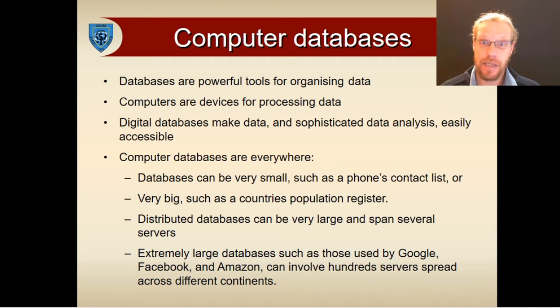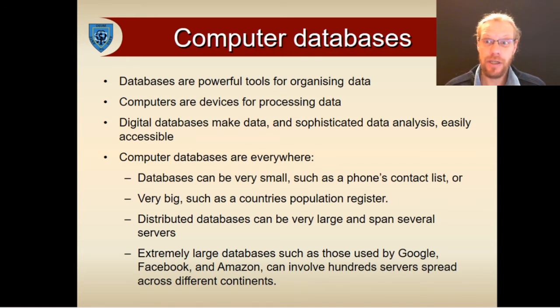The databases can be extremely small and limited, such as the small dedicated databases used by your phone to store phone message and call records, or the email archive on your computer. They can also be extremely large, such as the population register for an entire country, or a cell phone company's connection records for their entire network. Large databases often end up spread across several computers.